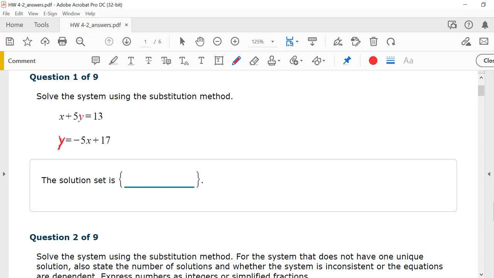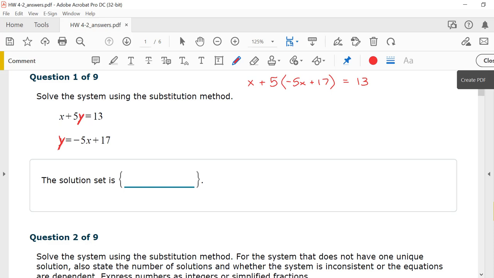Here in this first equation, you're going to substitute what y is. So instead of writing x plus 5y, I'm going to write x plus 5 times negative 5x plus 17 equals 13. Again, I've substituted what y is into the first equation.